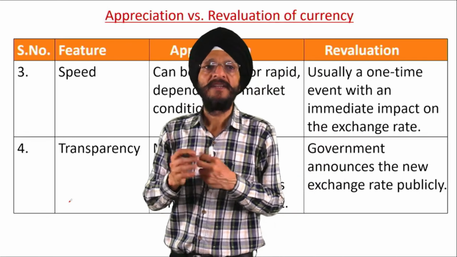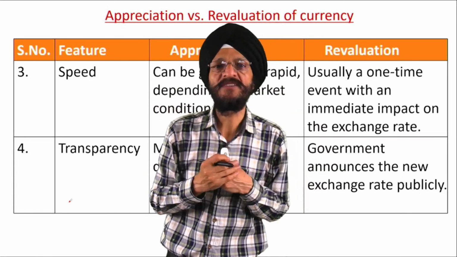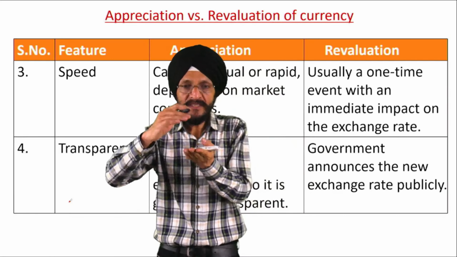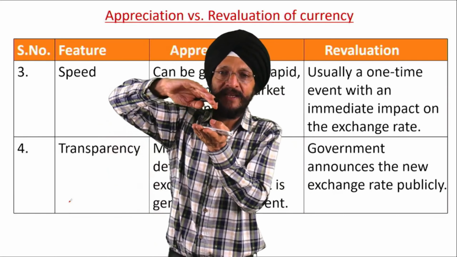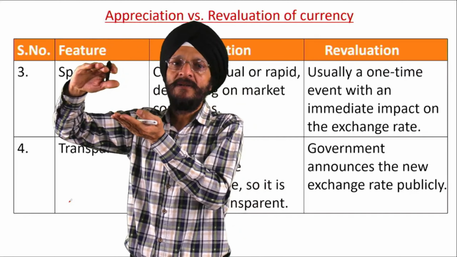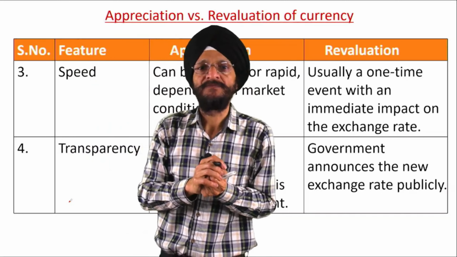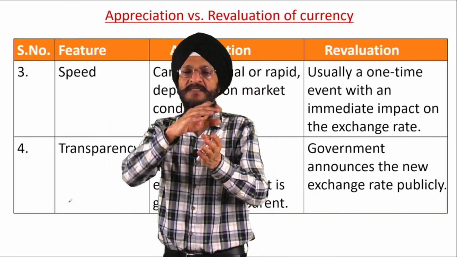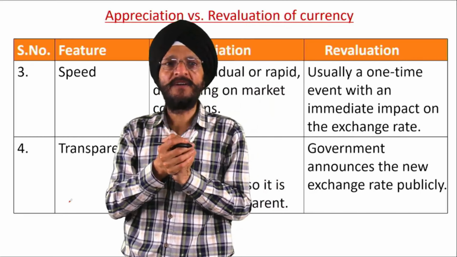Next is speed. In the case of currency appreciation, the speed of increase in the value of the currency may be slow or rapid depending on the market conditions. That is due to demand and supply or the economic outlook of the country.